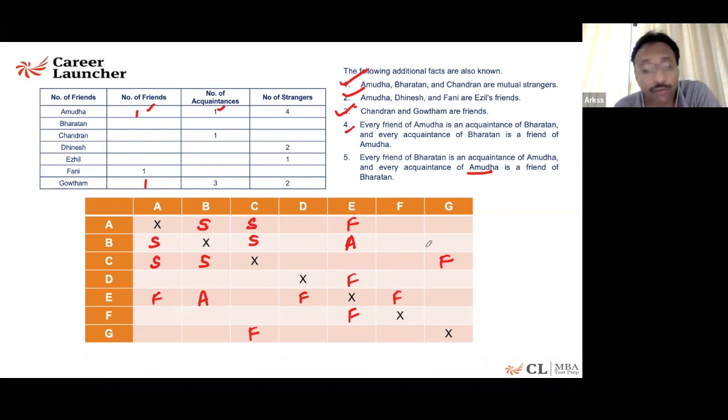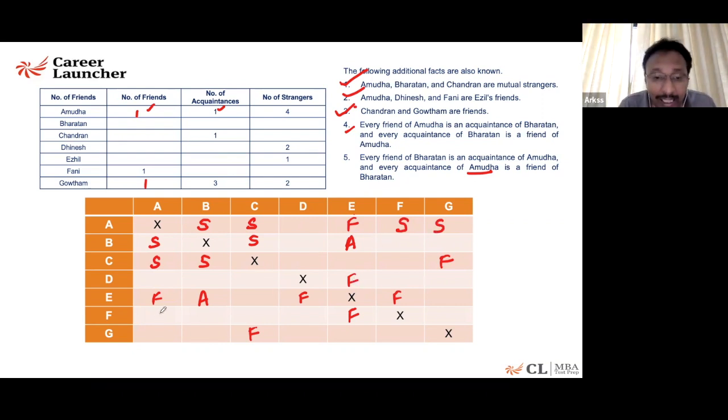If they are two friends of B, which is possible, if B is a friend of F, F also has to be a friend of B. Similarly, if B is a friend of G, G also has to be a friend of B. But we also know already that F and G have only one friend. So therefore, these two cannot be acquaintances. So F cannot be an acquaintance of A, G cannot be an acquaintance of A. If they are not acquaintances, they are not friends, they have to be strangers.